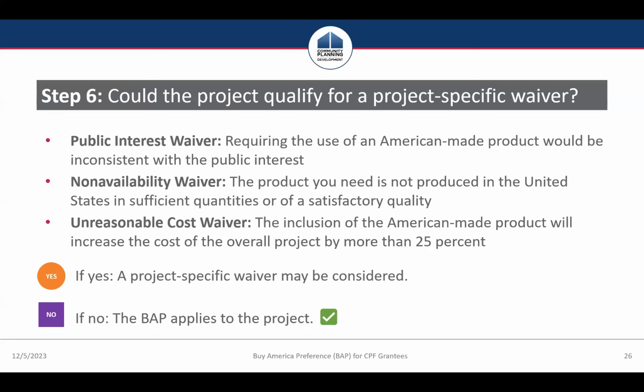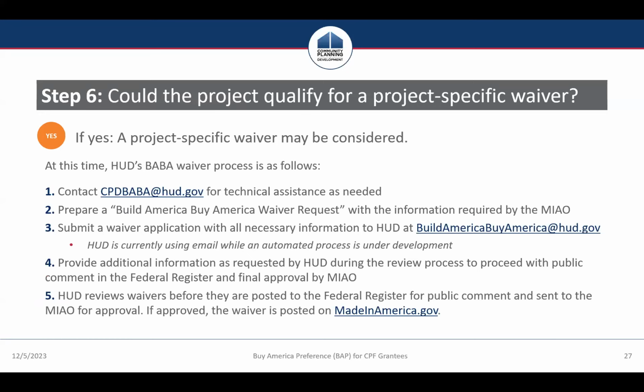And so how do you go about doing that? You'd reach out to HUD, the CPD BABA at HUD.gov for TA on preparing that waiver request. With their guidance, you would prepare your waiver using the requirements from OMB's Made in America office.